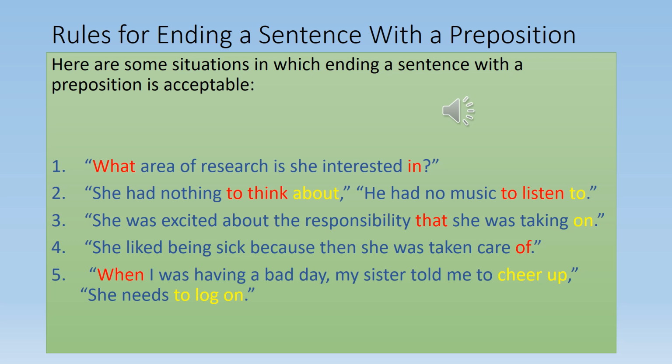A preposition cannot be the end word or last word. And most of the time, to avoid that scenario, we make awkward sentences. So let's try to figure out how to resolve this problem, as there are a few rules for ending a sentence with a preposition. Now look at this slide.